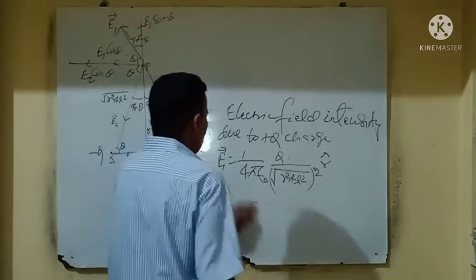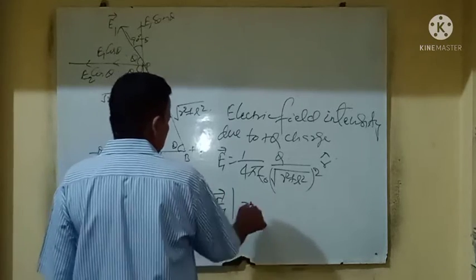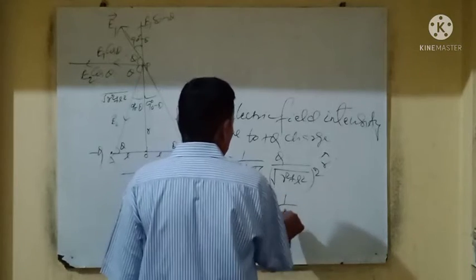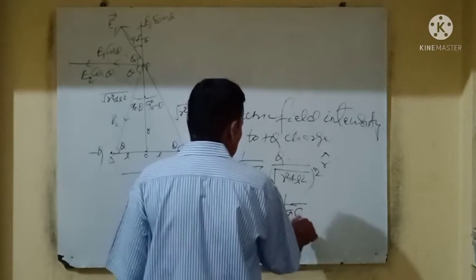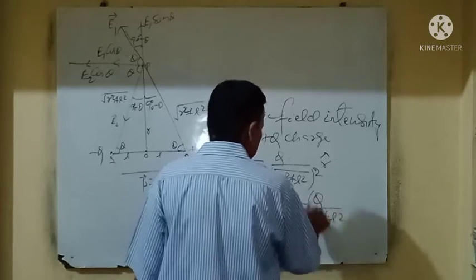What is the magnitude of E1? The magnitude of E1 is 1 by 4 pi epsilon naught, Q by R square plus L square.